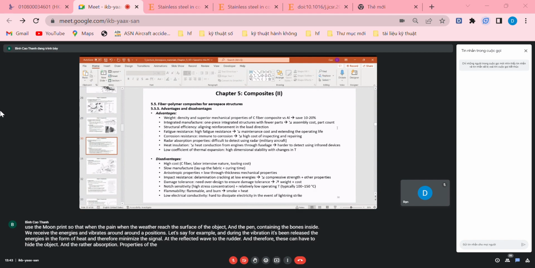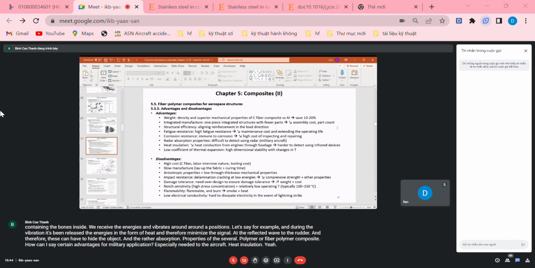And the radar absorption properties of several polymer or fiber polymer composites have, how can I say, certain advantages for military applications, especially military aircraft.